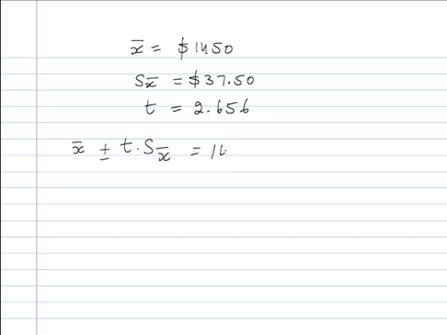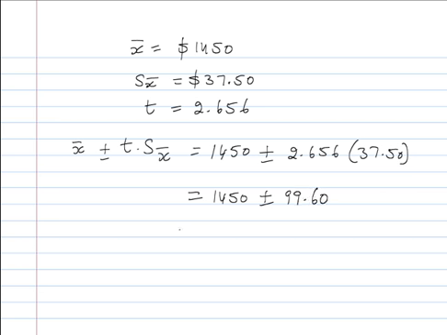That gives us 1450 plus minus 2.656 times 37.50, or 1450 plus minus 99.60. So this will be 1450 minus 99.60 to 1450 plus 99.60.